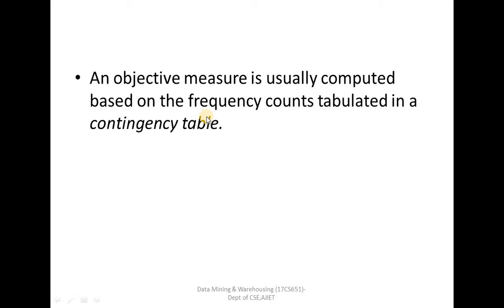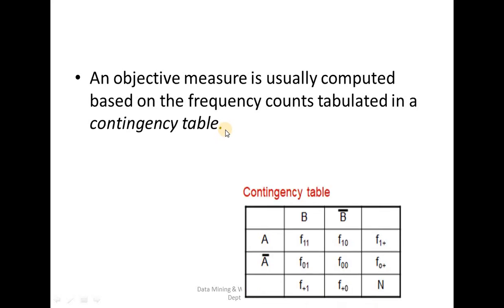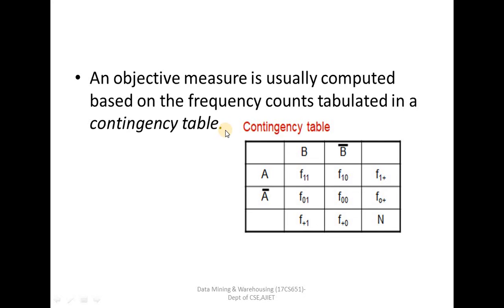An objective measure is usually computed based on the frequency counts tabulated in a contingency table. So, the objective measure uses a table known as a contingency table. Let us look at this table. This is a contingency table for two items A and B. Now, this contingency table is used to compute the interestingness of the measure based on the support and confidence.